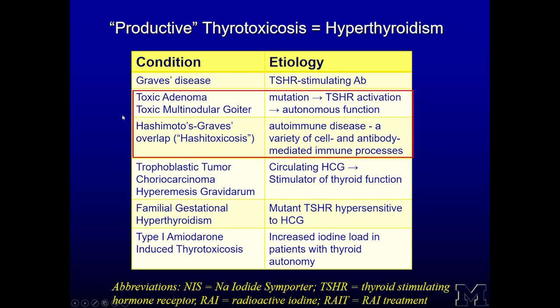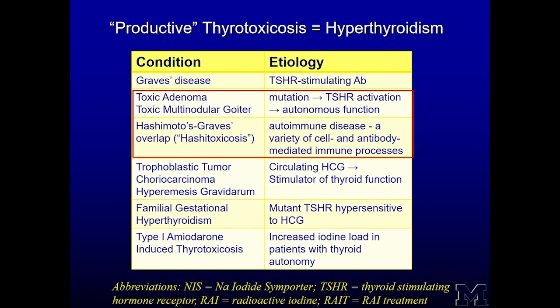Also less commonly encountered is the entity of hashitoxicosis, which is actually an overlap between Hashimoto thyroiditis and Graves' disease. As we know, Hashimoto thyroiditis and Graves' disease are on the same spectrum of thyroid autoimmune conditions.